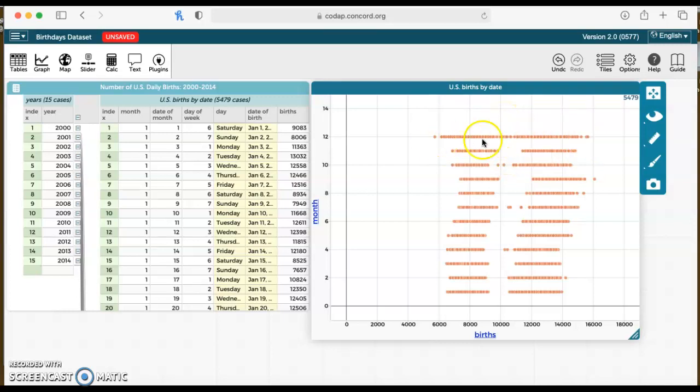It just has the most dots, which means it has the most data, which is the most births. A pregnancy takes maybe 9 to 10 months, and December is about 9 to 10 months after Valentine's Day. So you could say maybe that's why there are a lot more births in December.